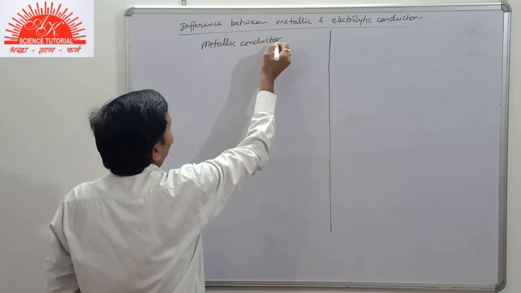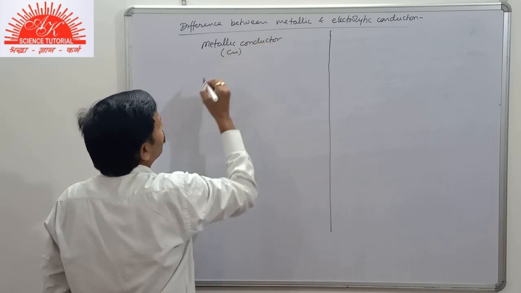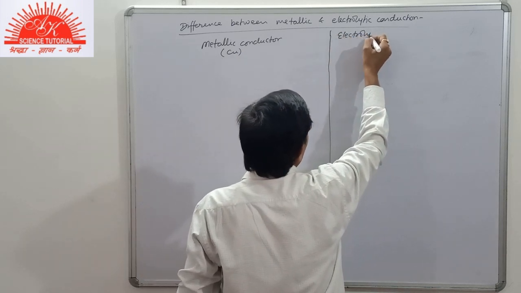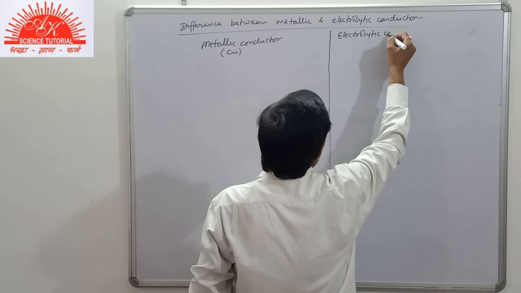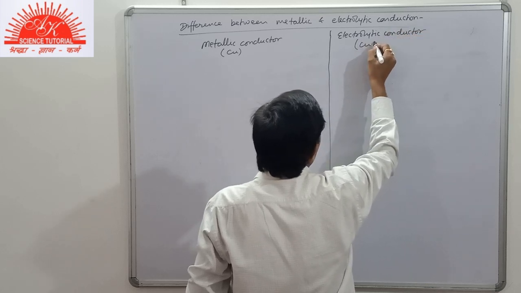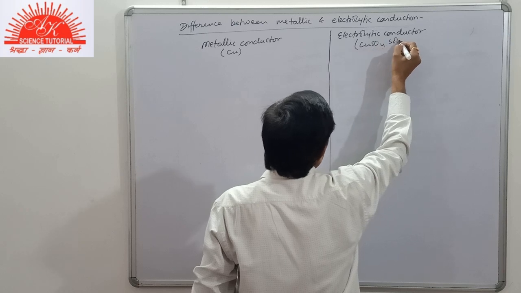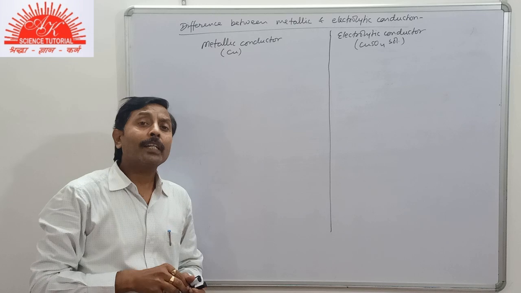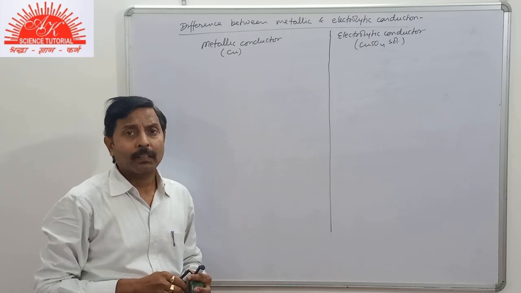Suppose we use copper, and electrolytic conductor, that is, suppose CuSO4 solution, that is a chemical compound. Then we can differentiate in it.